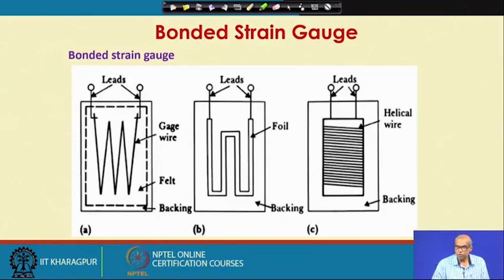These are some more examples of bonded strain gauge. So, essentially the gauge is made of wire or the gauge is made of foil.